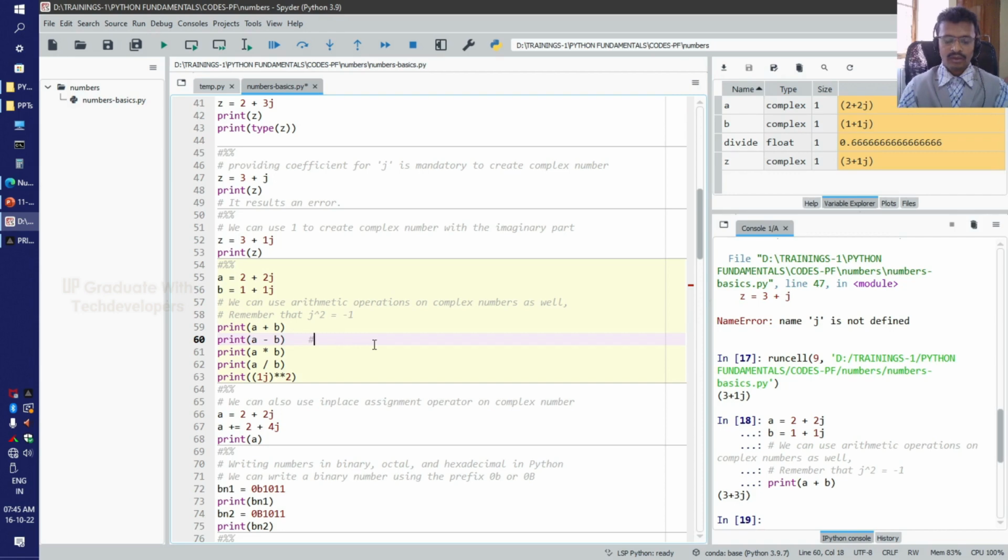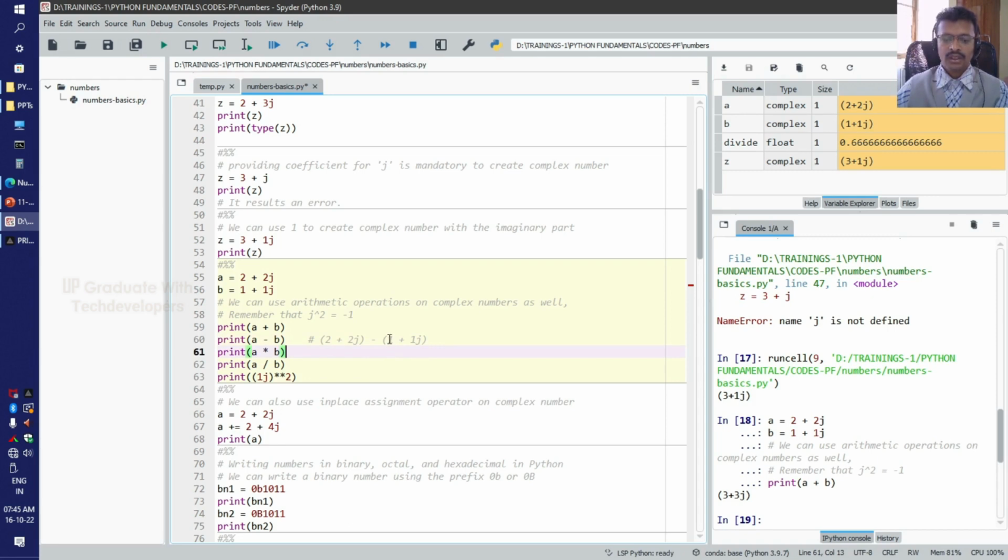In mathematics also, a is nothing but 2 plus 2j minus of 1 plus 1j. Look at here, this real part and this real part.